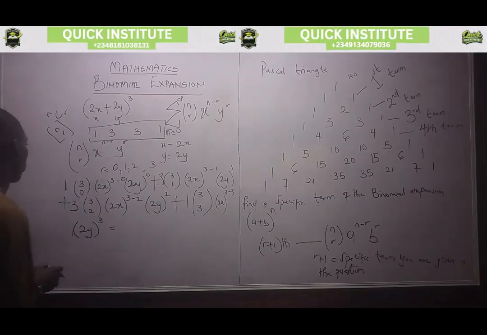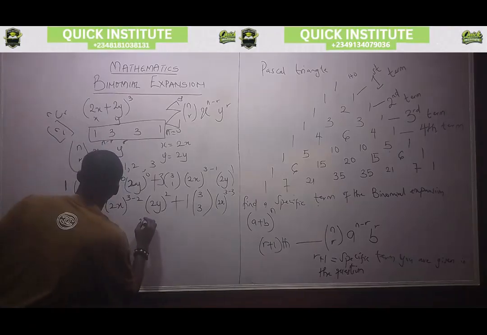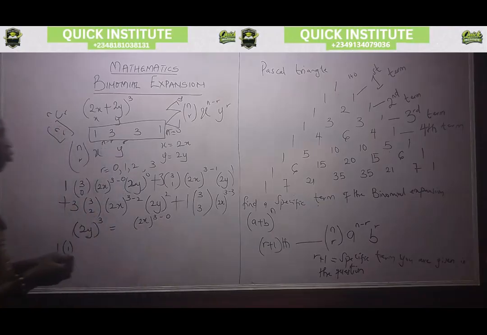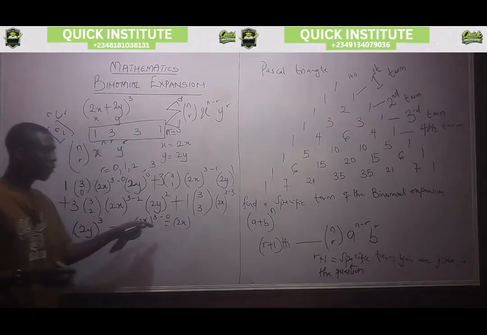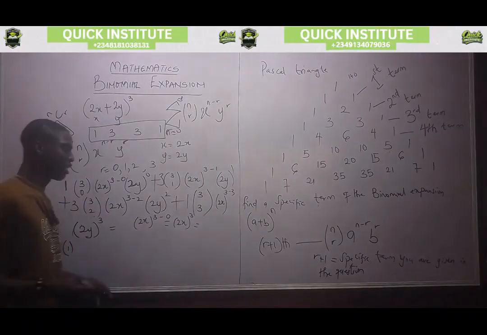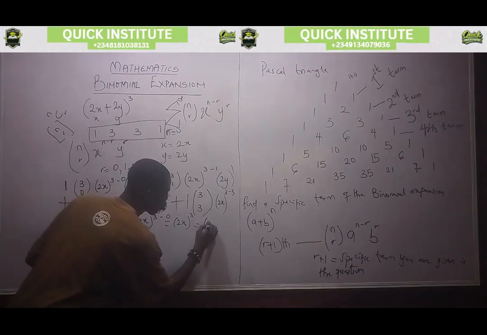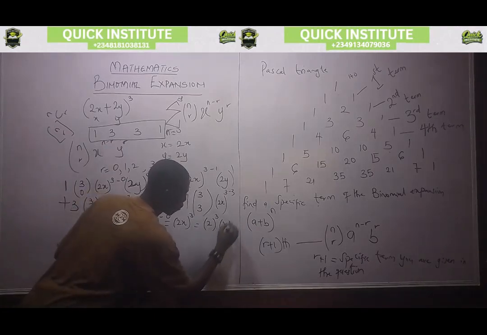So now let's solve. 3 combination 0 is 1, and 2s to the 3 minus 0 is 2s to the 3.